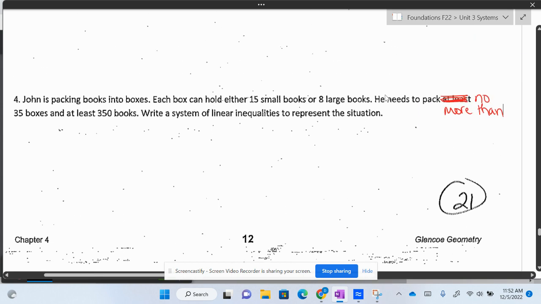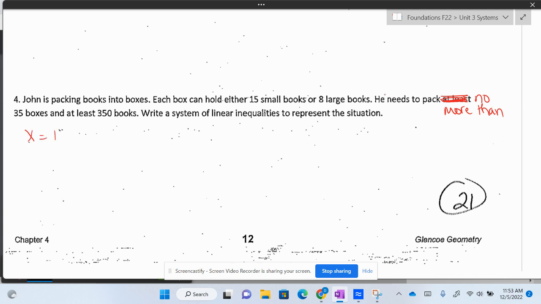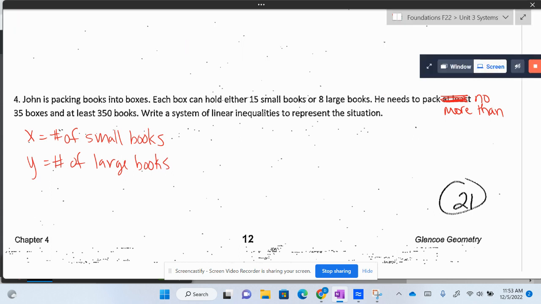Okay, so I'm going to let x equal the number of small books and I'm going to let y equal the number of large books. So let's see what it says about the number of books.